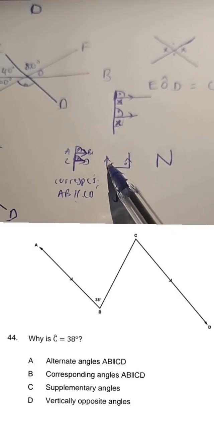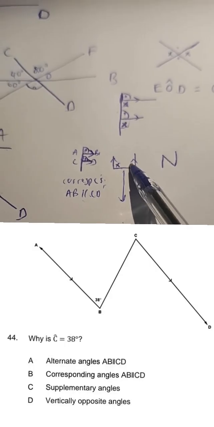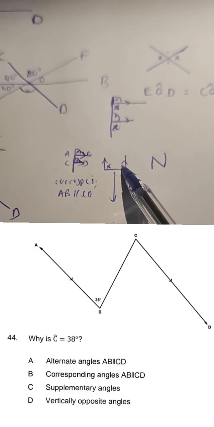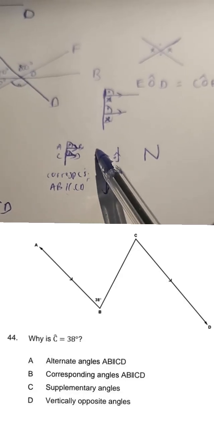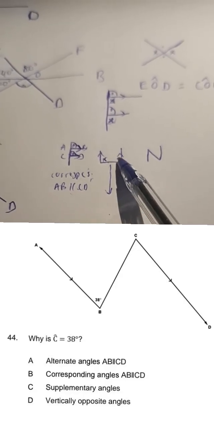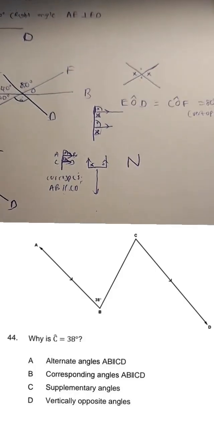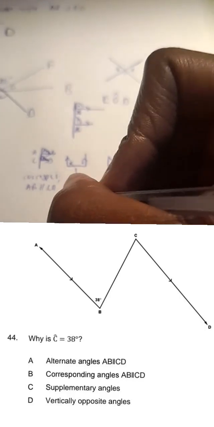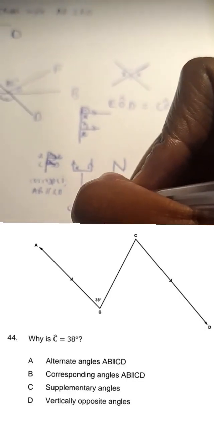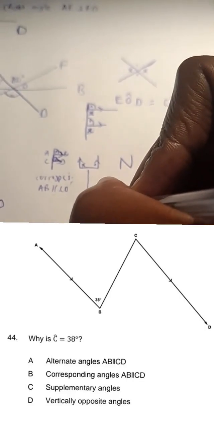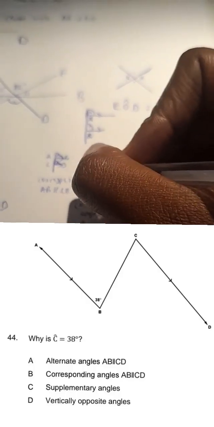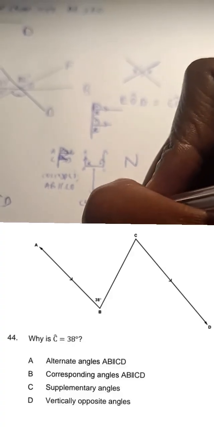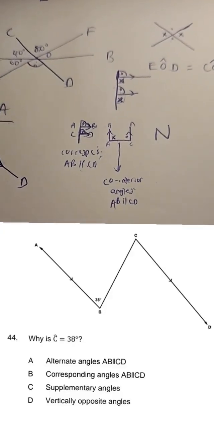I call them the armpit angles, the co-interior angles. Those two angles add up to 180. They are not equal. So if you add this angle and that angle between the two parallel lines, we say that those angles are supplementary. In other words, what does supplementary mean? It means they add up to 180. We say these are co-interior angles. And obviously, if the lines are parallel, we state the lines are parallel: AB is parallel to CD when we write the reason.